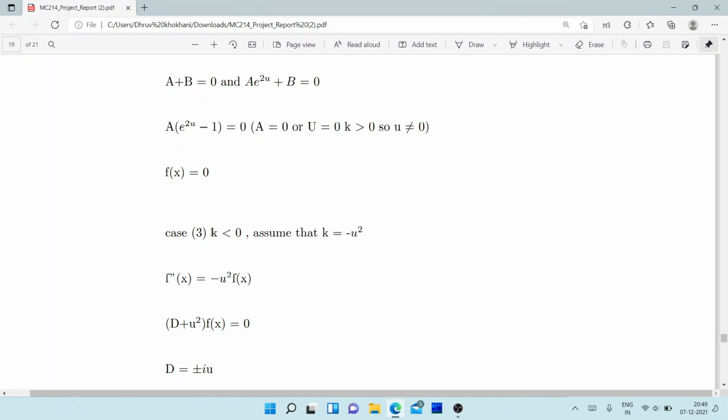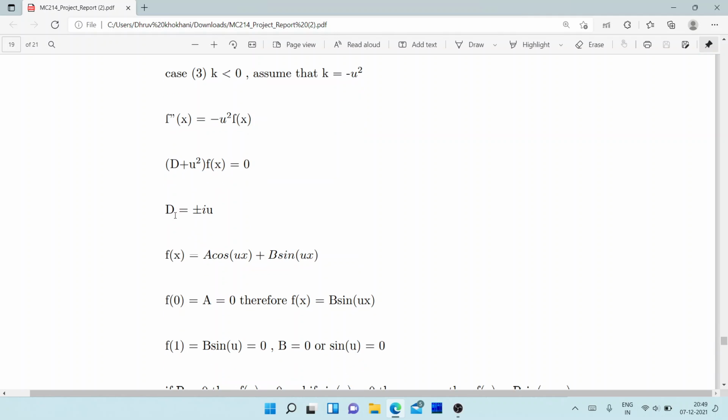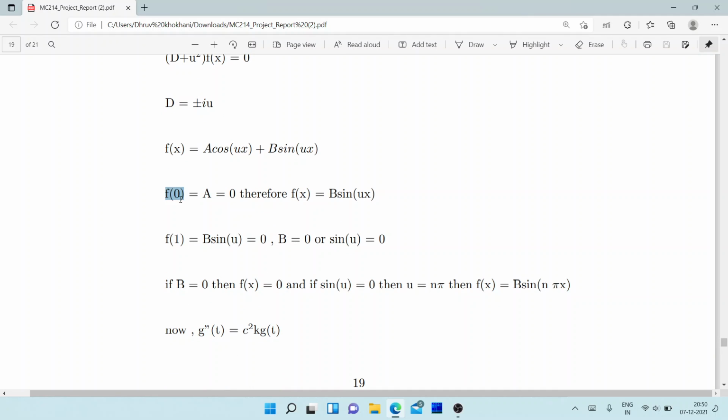Now for the third case we take k less than 0, and we assume that k equal to minus u square, and we solve this equation, and we get complex roots, and f of x equal to a cos ux plus b sin ux. Again we use boundary conditions.